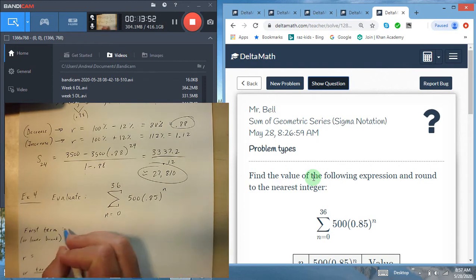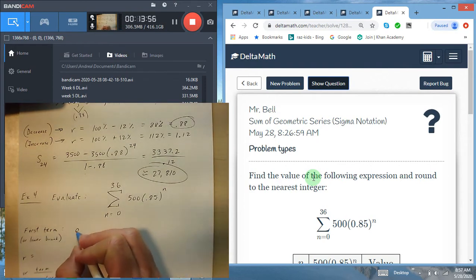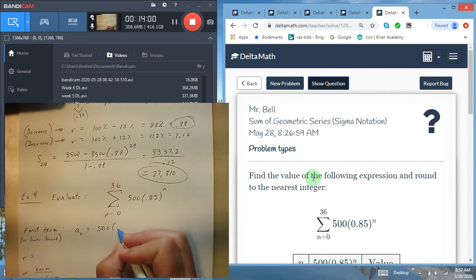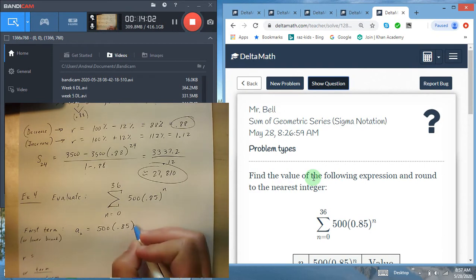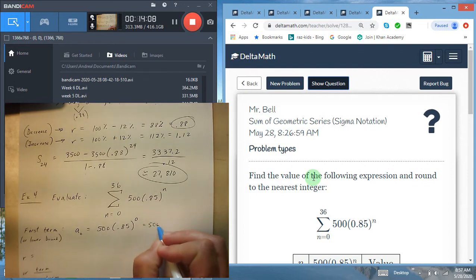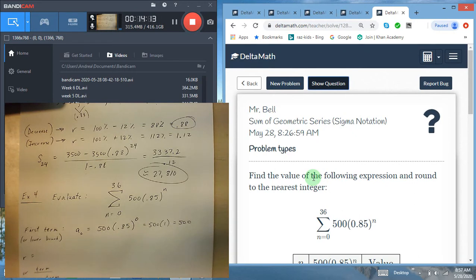So the first term, I'm just going to write A0, is 500 times 0.85 raised to the 0 power. Anything to the 0 power is 1, so we end up having 500 times 1, or just 500. So that's our first term.